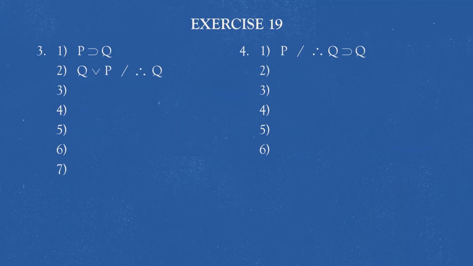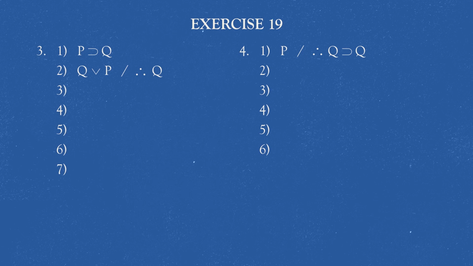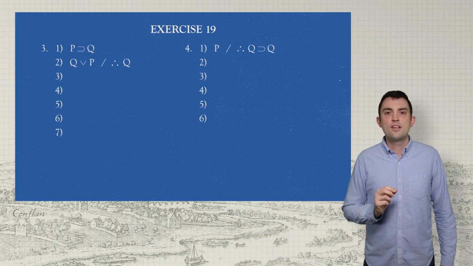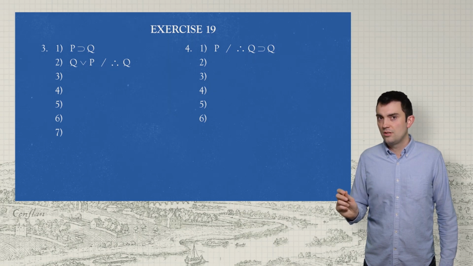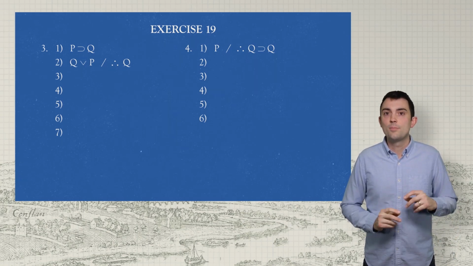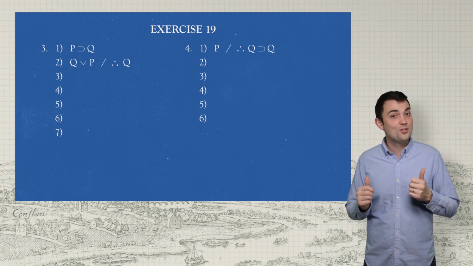In 3, we're going to start by assuming the not Q and reach the contradiction by line 6. Notice when we assume the opposite of the conclusion in 4, not if Q then Q, the conclusion itself is already a self-contradiction. Steps number 3 and 4 are taken up in just getting it to the form P and not P, and in that one you won't use line number 1 at all, which is kind of fun. On to the assignment.